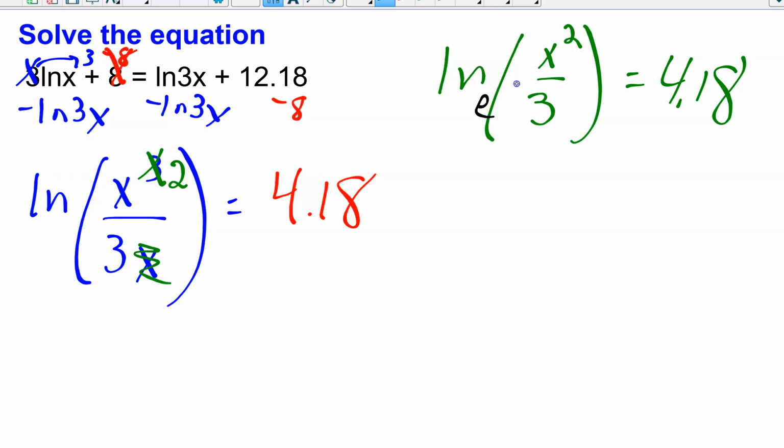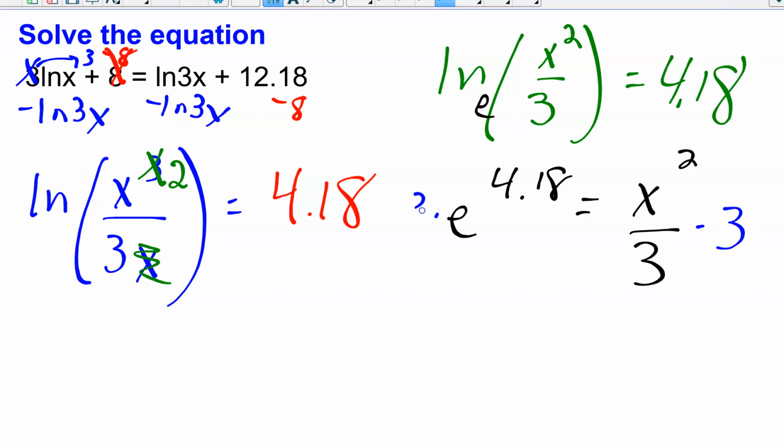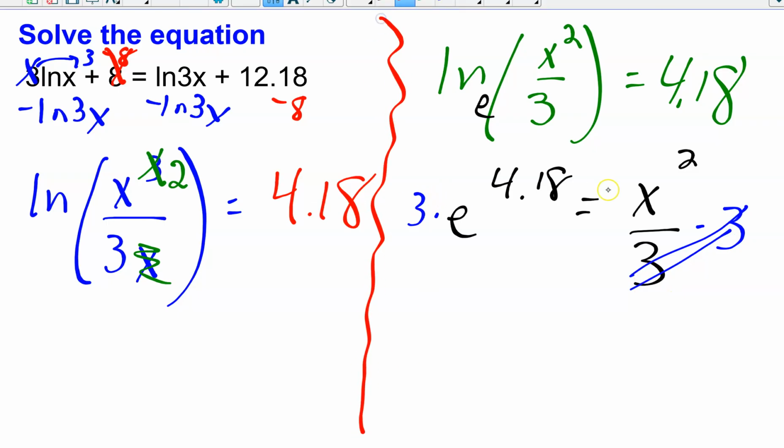And I know the base of that is e, so it's going to be e to the 4.18 equals x squared over 3. And then I'm going to multiply by 3. And then I'm going to take the square root.